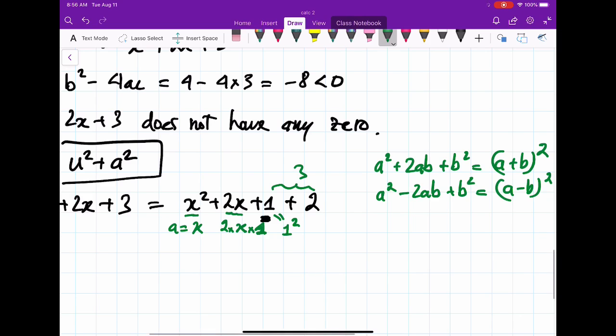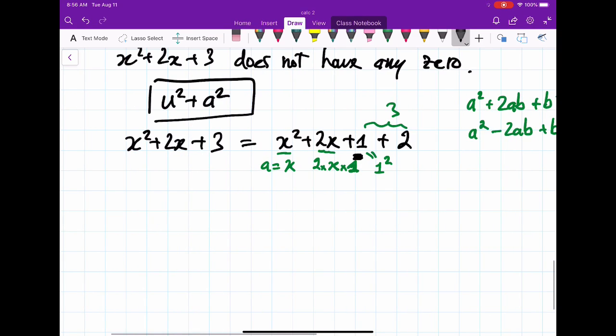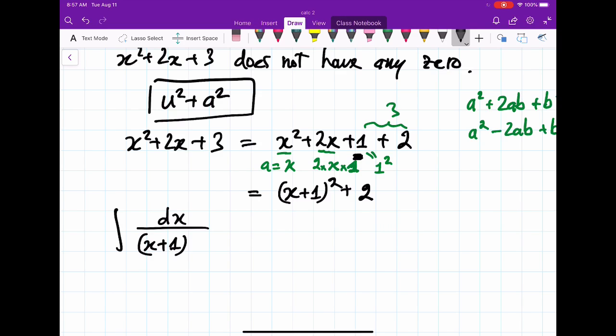That's why I break 3 into 1 plus 2. Alright, so according to this, I have x plus 1 squared plus 2. And our integral looks like dx over x plus 1 squared plus 2. You see, what's this?